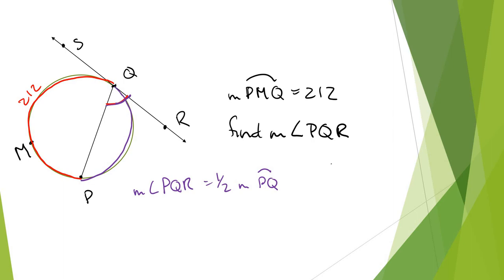Arc PQ has to be 360 minus 212, which is, oh, I did it a different way in my video. That's okay. 360 minus 212 is 148. So therefore, PQR has to be half of that, or 74 degrees.